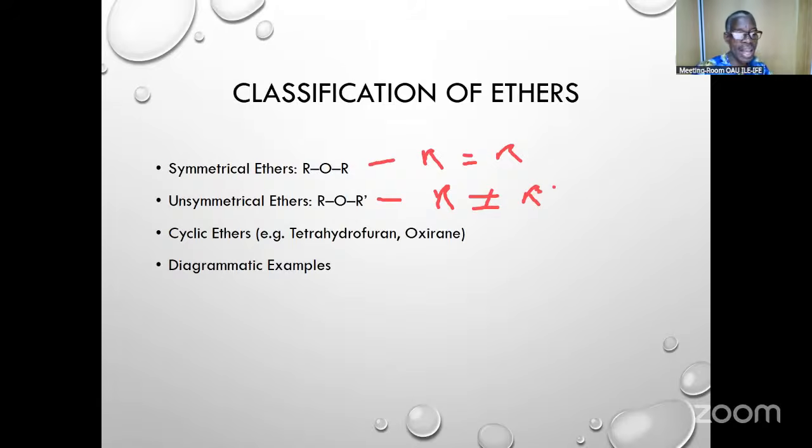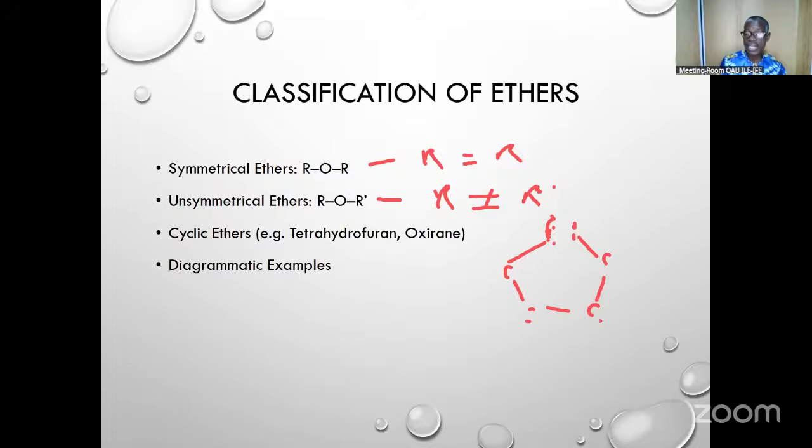Then we have tetrahydrofuran, which is a cyclic ether. It is a five-membered ring ether.